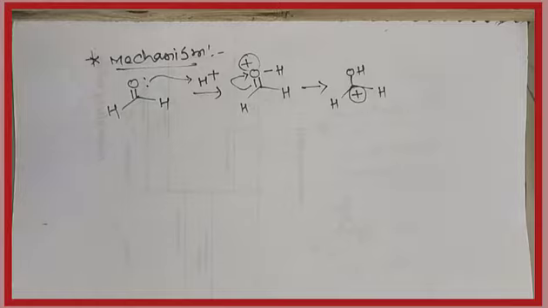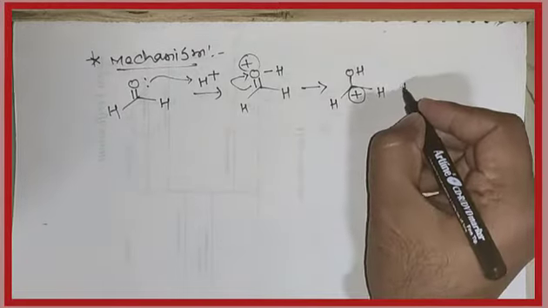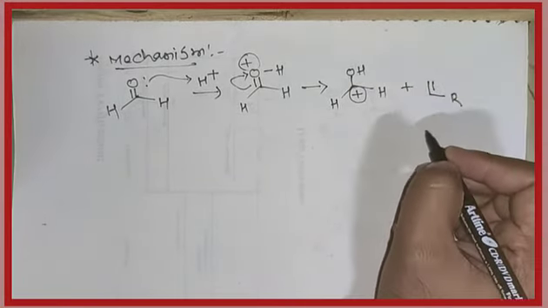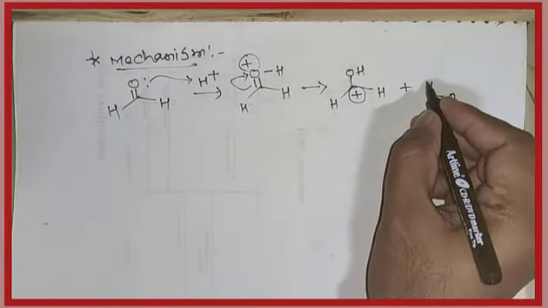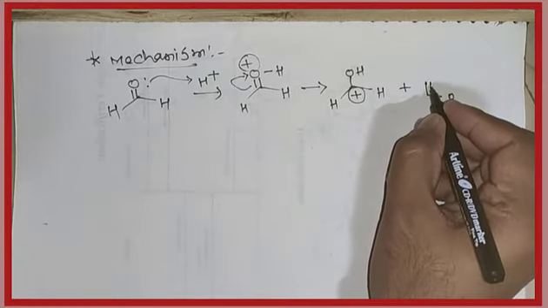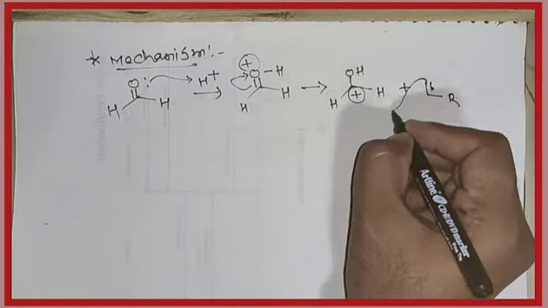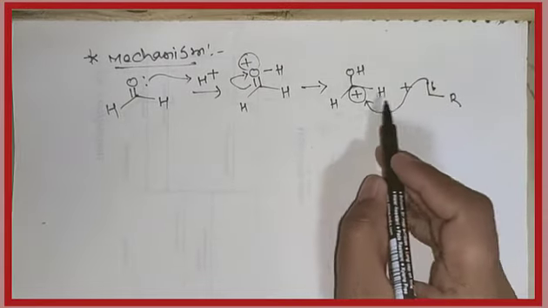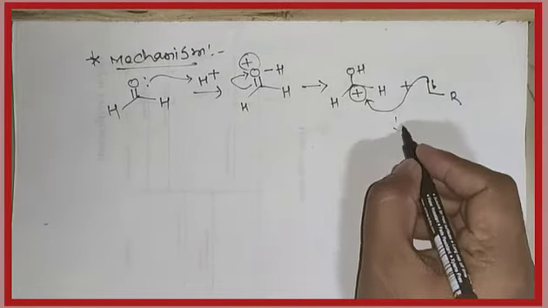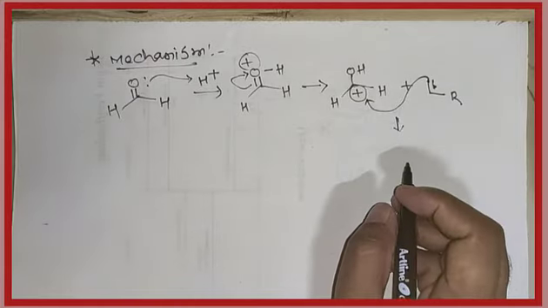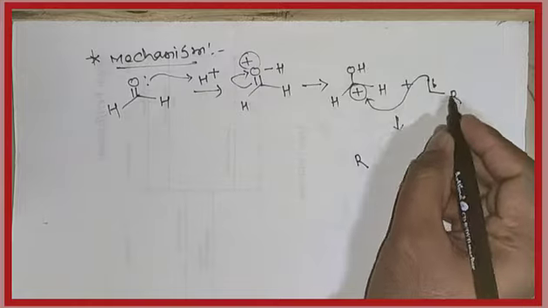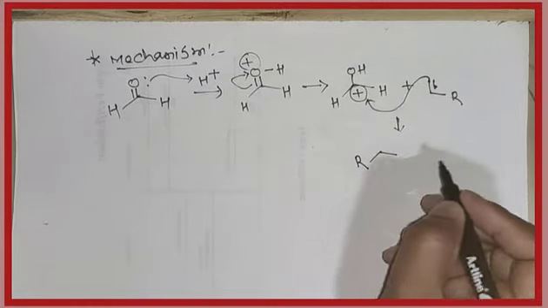Now as we know, the alkene acts as an electron rich species. That's why this carbon, with its pi bonding electrons, attacks this carbon. So suppose R is attached to this carbon.